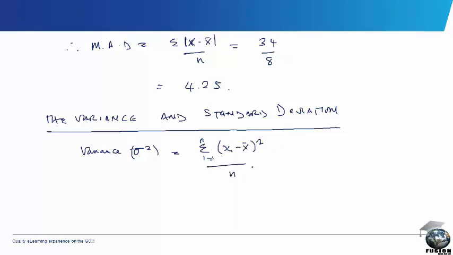Just get this formula into your head, and then things will be a lot easier for you. Then the standard deviation, I'll denote with sd, is equal to the square root of the variance. Okay, standard deviation is the square root of variance, which means we take the square root of the outcome from the variance.